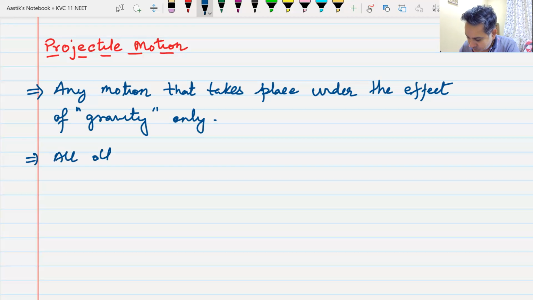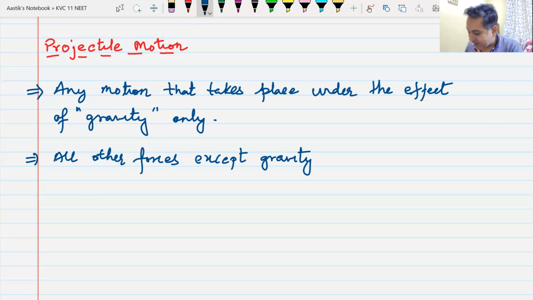All other forces except gravity are neglected. Air resistance, everything is neglected.